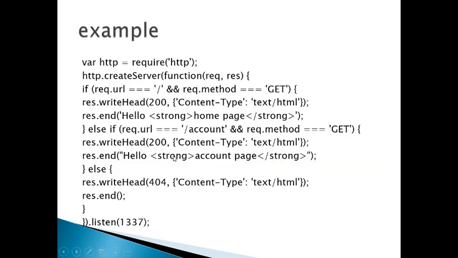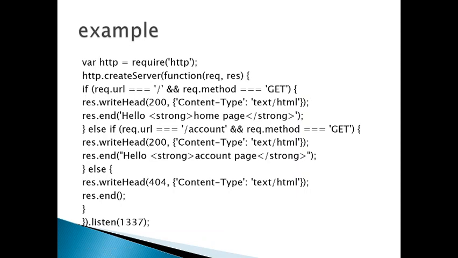So what is a route? Route is a combination of two things: the method plus the URL. Request.url is equal to slash. The user has requested for the slash, and he has requested with the method get. So the combination of these two things is called a route. So we are writing a route. We always write a route.